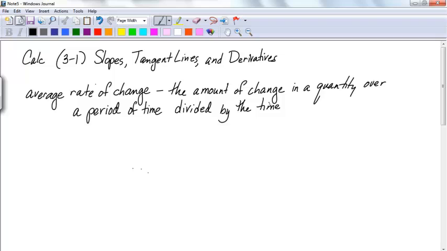So if I was doing an average rate of change, I would be subtracting to figure out how many miles did I go, and then I would divide by the time. Okay, and that would be my average rate.